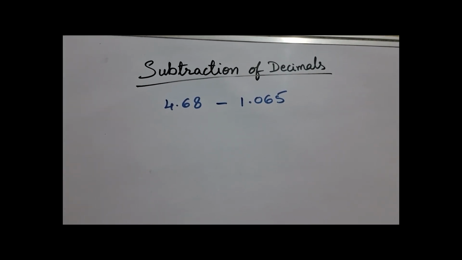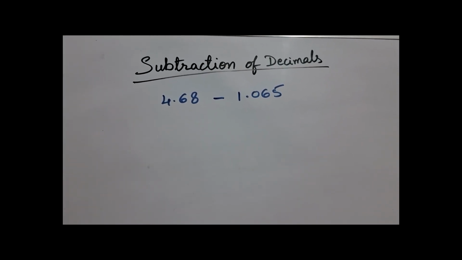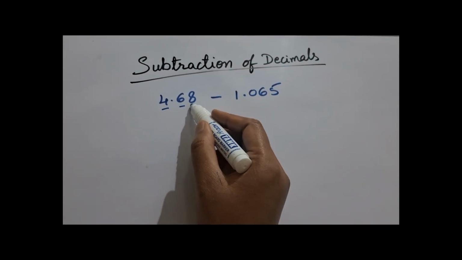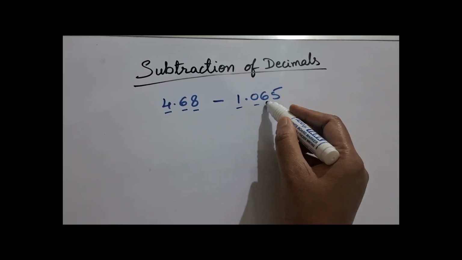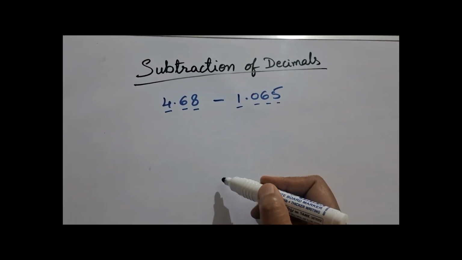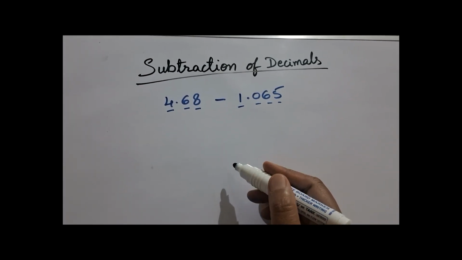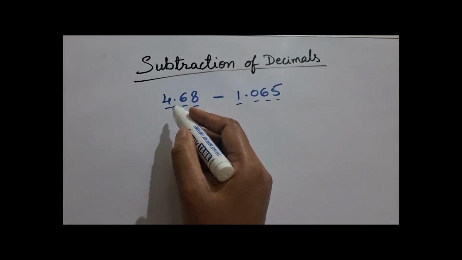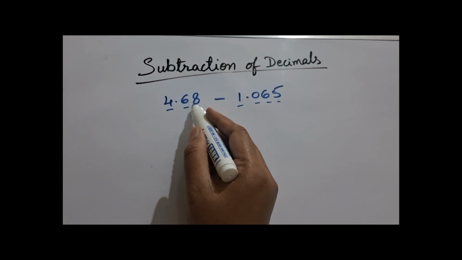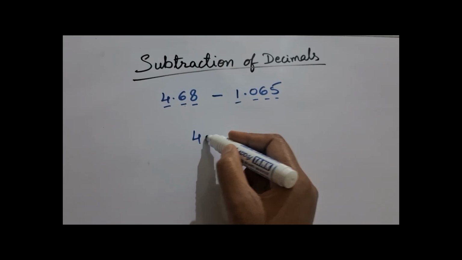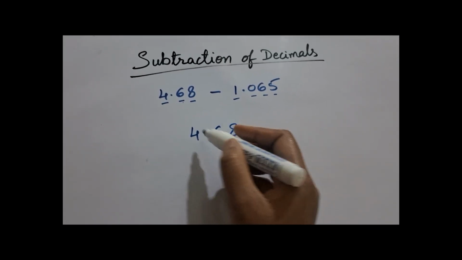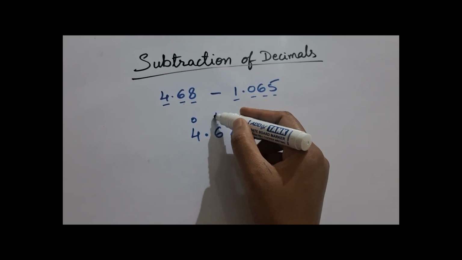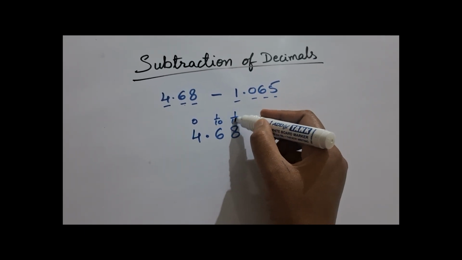Now let's learn how to do subtraction of decimals, children. We need to place each and every digit of these numbers in their places only, and then we need to subtract those numbers. Now here what is given? 4.68. That means 4 is in the 1's place and this is in the 1 by 10's place and this is in the 1 by 100's place.